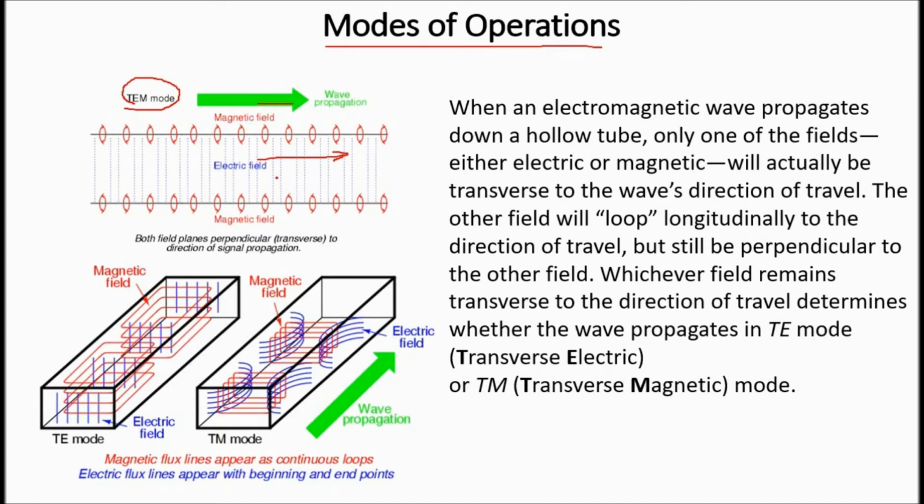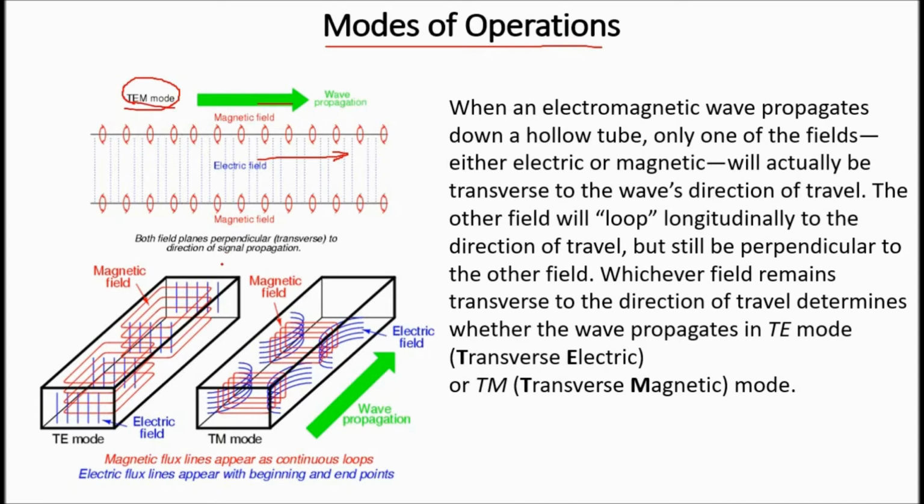As we learned in the previous chapter on transmission lines or waves in free space, neither the electric field nor the magnetic field varies in the z direction. That type of wave is called a transverse electromagnetic wave.